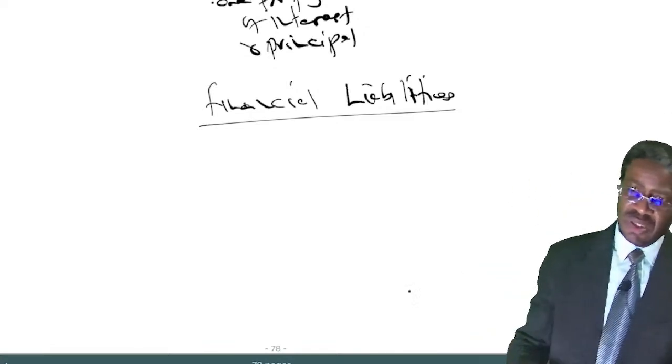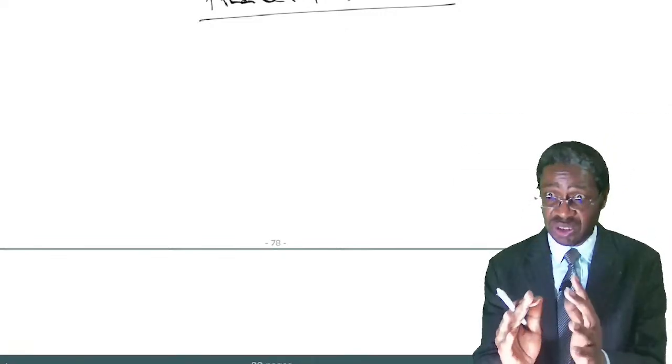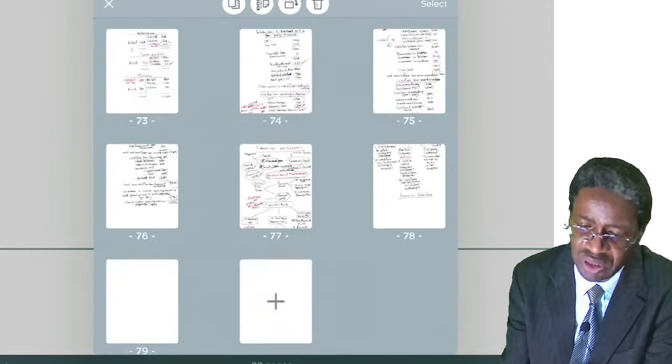Now, I want to start with financial liabilities. How do we calculate the fair value first and then the amortized cost? That's what I want to talk about now. Listen. Suppose you, as company A, are the company issuing a bond.